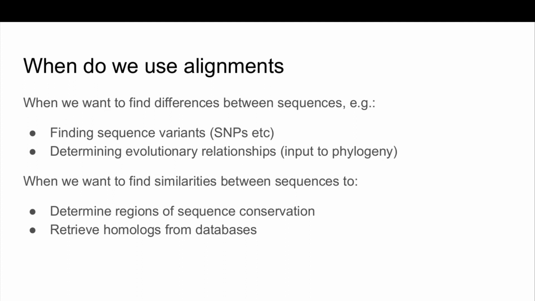For instance, if you want to determine regions of sequence conservation. This is often related to the function of a sequence. So, for instance, in protein sequences, we often look for conserved regions because they're more likely to contain the functional elements of the protein sequence. And also, if you want to retrieve homologs from databases, we would like to find all the sequences that look like the sequence that we want to query.